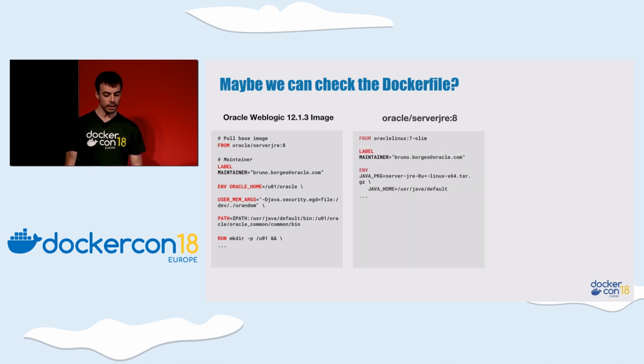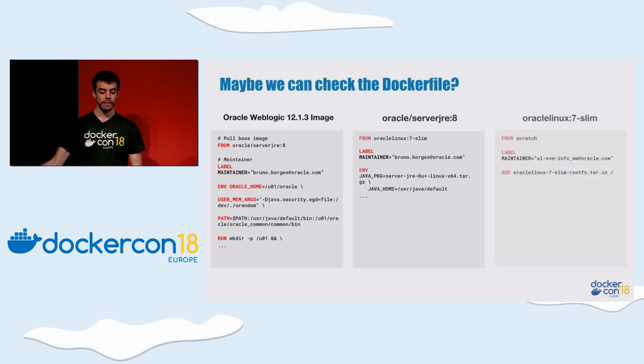Moving one to the right, just following the base image down, well, let's see if the server JRE image told us what version of OpenSSL was installed. No, not there. Go one level further into the actual base image, the Oracle Linux base image, and it looks like they just copied a tarball into scratch. This is how most container images are built in the Docker Hub. This is correct. This is great. But me as an enterprise, I have no idea what version of OpenSSL is now running out there in the wild.